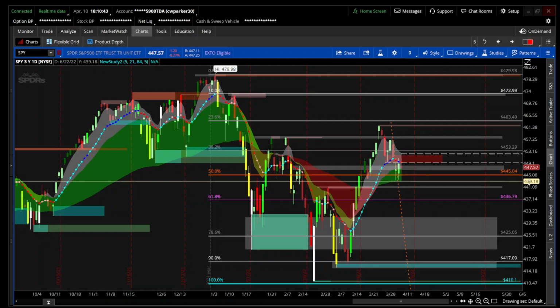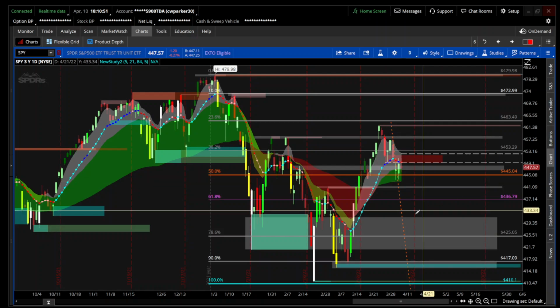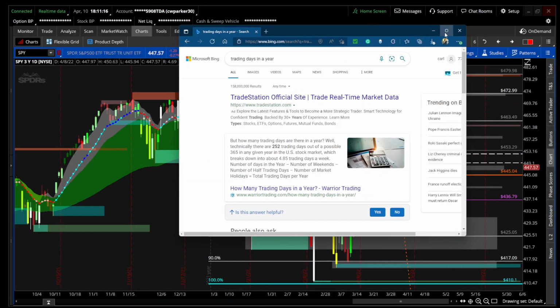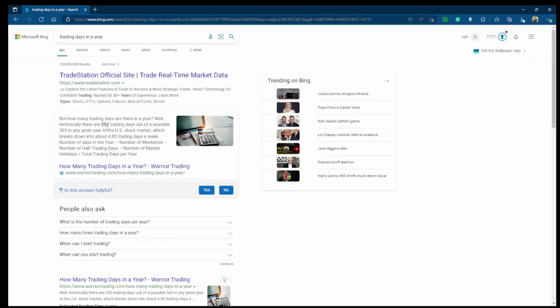I kind of more want to look at the actual year, or how many trading days are actually within a year, and I'll just go ahead and pull it up real quick. Give me one moment. And this is what comes up. It says 252.